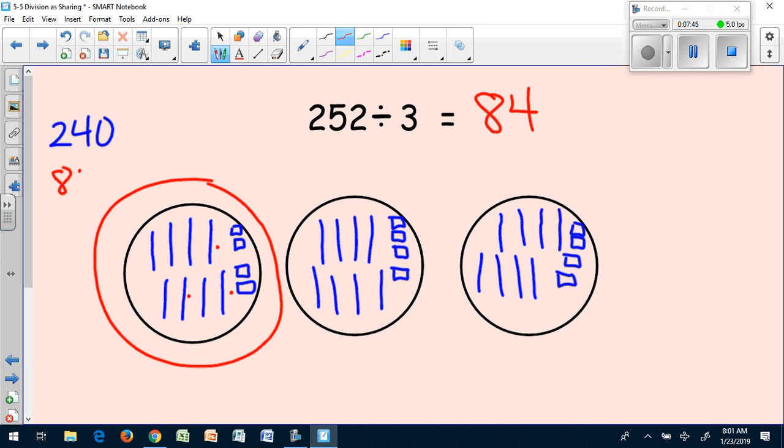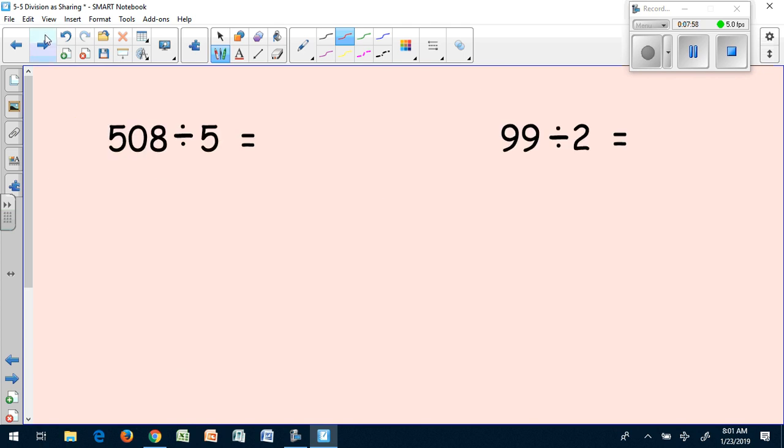I can check that with multiplication quickly. 84 times 3 is 252, which matches my dividend. Always check with multiplication. It's going to make sure that you get your answers right. Okay, why don't you pause the video, solve these two on your own, and then play the video to see how you do.